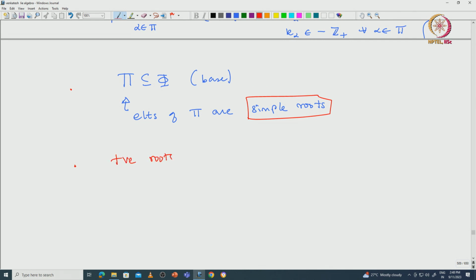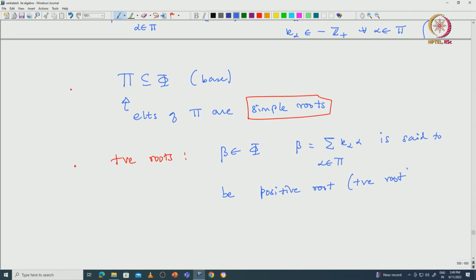By definition, you take β inside Φ and write β equal to the summation of k_α α, where α comes from Π. You say β is a positive root if all these k_α are non-negative integers for all α in Π.